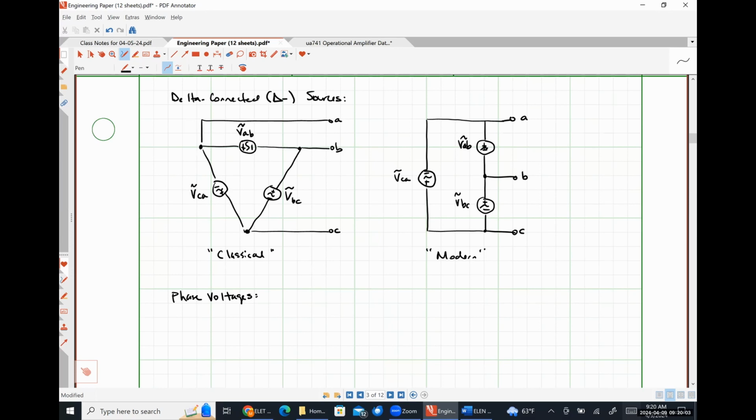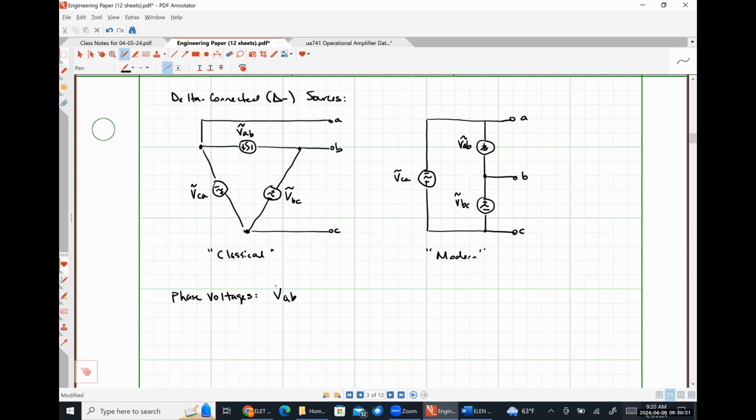What's the voltage drop across one phase? It's the source voltage. It's the exact same thing that it was, right? It's just now we're using VAB, VBC, and VCA, okay? So our phase voltages for our sources are always just going to be the voltage provided by our voltage sources.